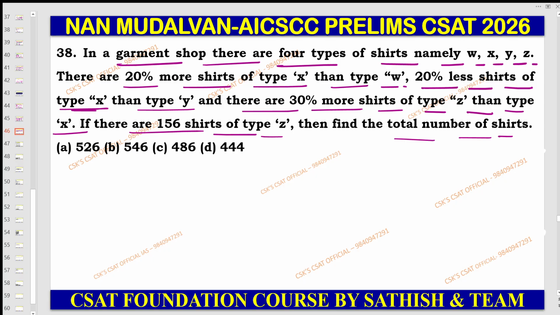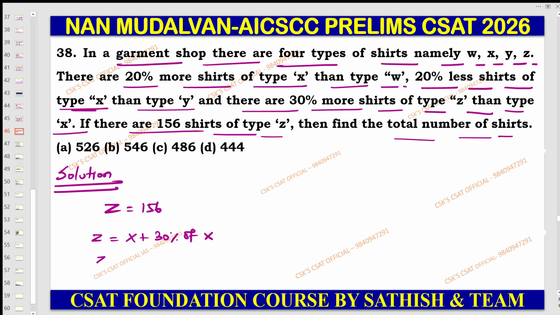Now you know that Z is provided here. Z is equal to 156. Then you go with the reverse statement. There are 30% more shirts of type Z than X. So therefore Z is equal to X plus 30% of X. This is according to the question.